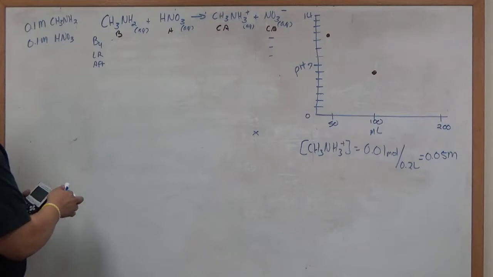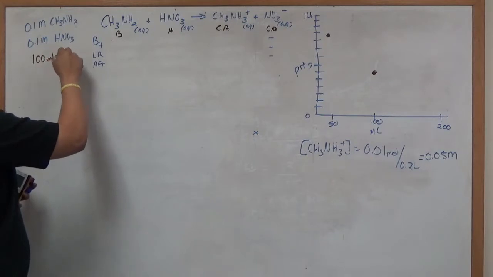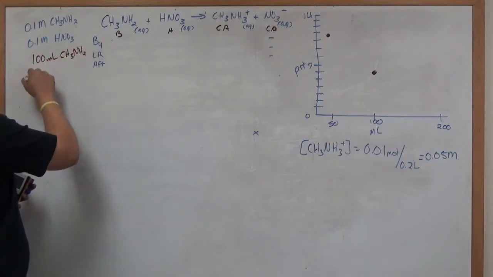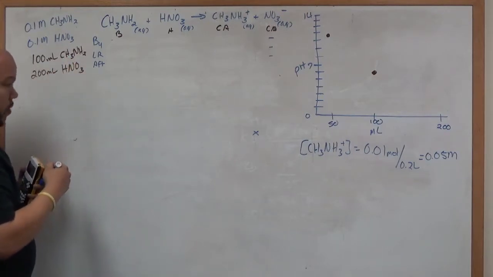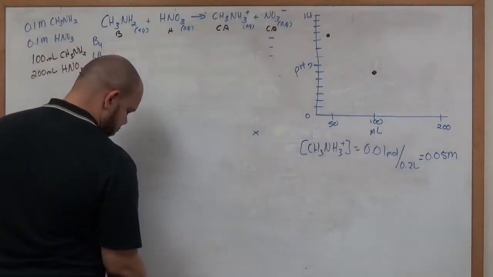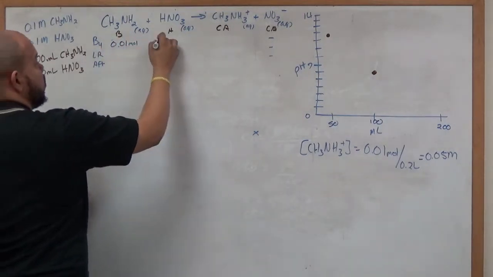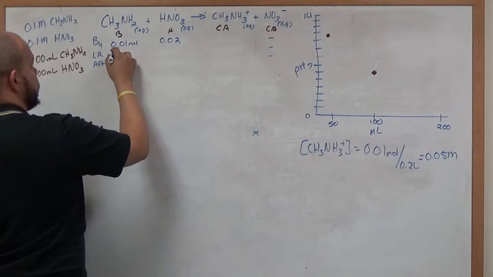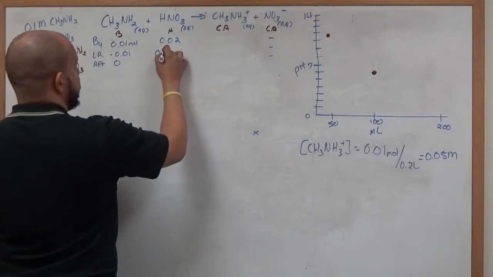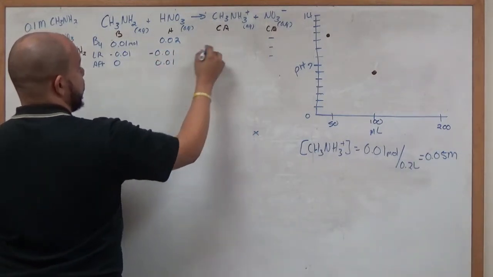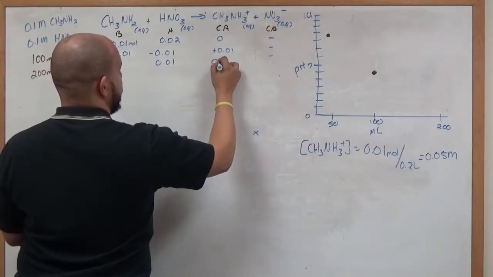And beyond equivalence, we're dealing with 100 mils of our base and 200 milliliters of our titrant. And now that means we're dealing with 0.01 moles, 0.02 moles, minus 0.01, which is 0, minus 0.01, which is 0.01, 0 plus 0.01, and 0.01.